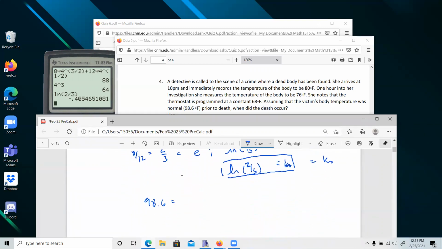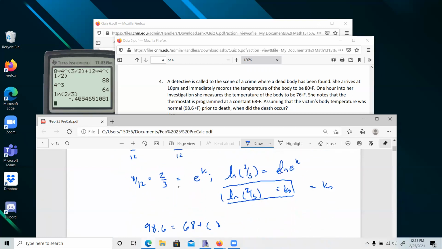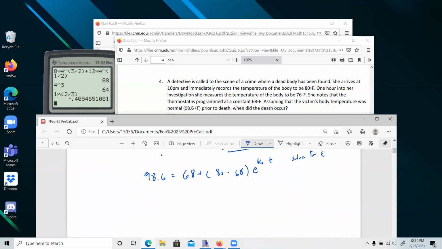So we're going to say this is 68 plus 80 minus 68, e to the k, I'm going to put a k sub 0 here, t, and now we're going to try to solve for t. See if that works.